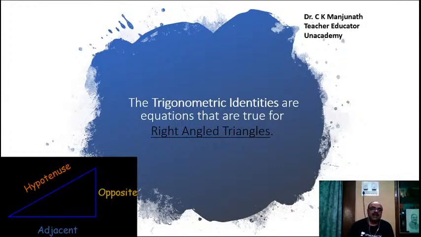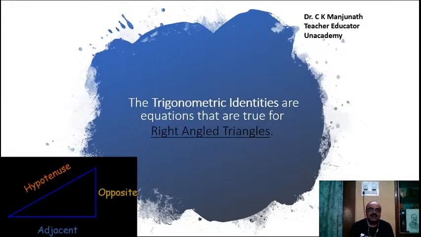Any right angled triangle that I take has three sides, which are called opposite, adjacent and hypotenuse. Hypotenuse is the longest side.